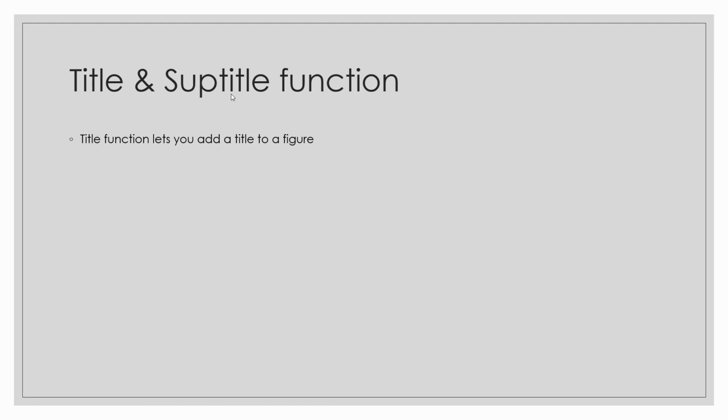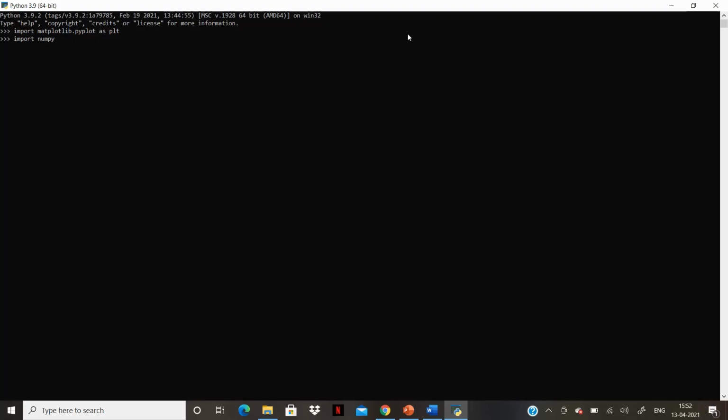Let's do an example in Python. We are importing pyplot and numpy here. We are creating values for the x and the y variable and plot x against y afterwards.